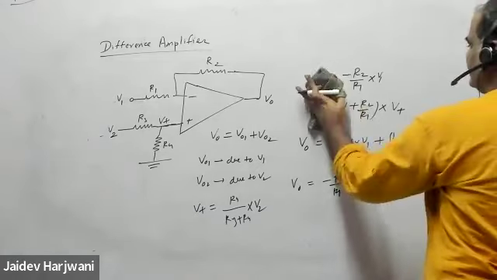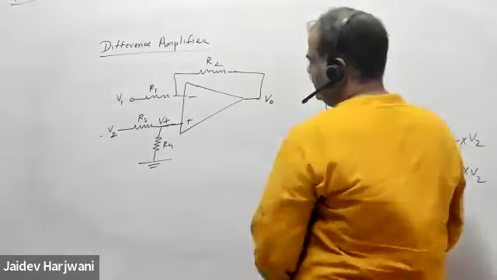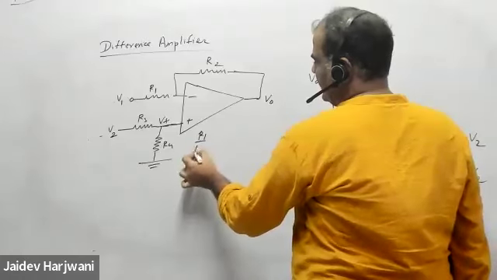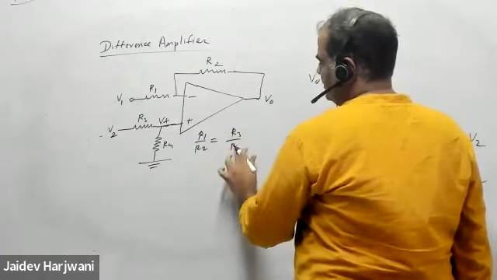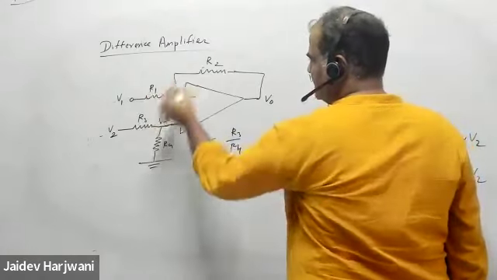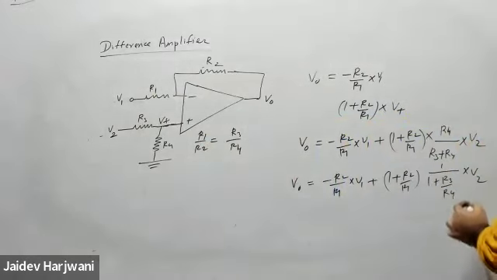If you have been given the ratio that R1 by R2 is equal to R3 by R4, if the ratio of this one and this one is equal, then you can solve it further.